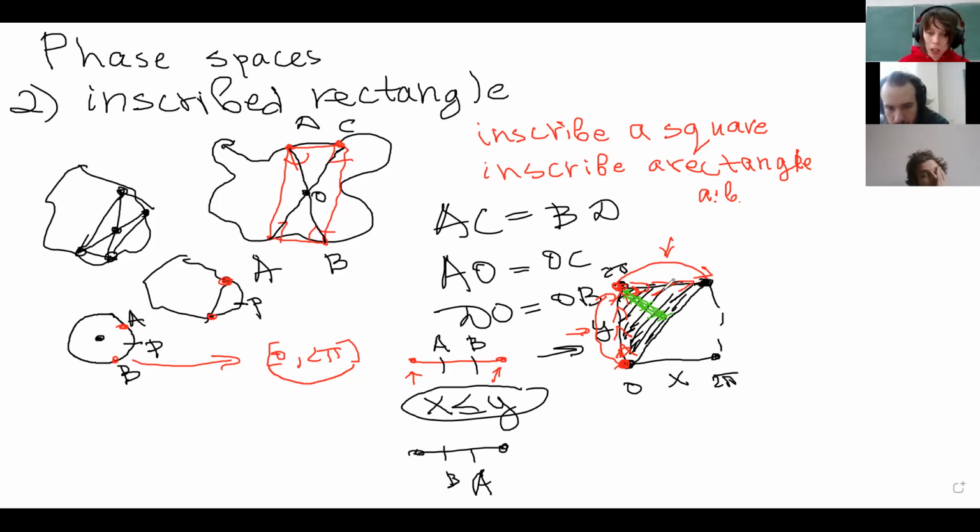So when I cut it by this green line and glue together the red parts, I get a square. Which color is it? I think it's this color.